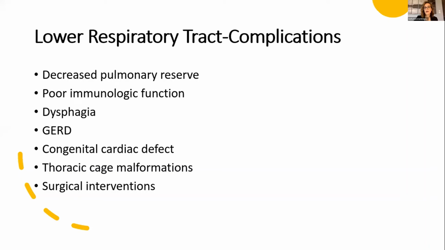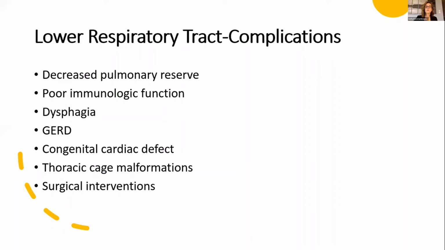The reasons behind this are, again, multifactorial. It could be due to decreased pulmonary reserve, which we're going to discuss later. It could be due to chronic aspiration from above and below, dysphagia and reflux. It could obviously be due to their underlying congenital cardiac defects, leading, for instance, to a large left to right shunt and pulmonary overflow, due to poor immunological function, which we'll be discussing later, as well as due to the fact that these individuals are undergoing any surgical intervention.